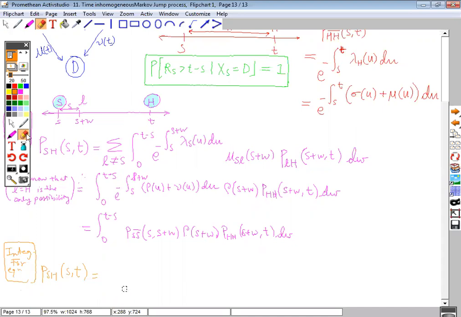Anyone? So let me just draw the number line here. I'm at S, then I'm at T, and here I'm at the healthy state. Here I start off at the sick state. Okay, so what is it that I want to do now?